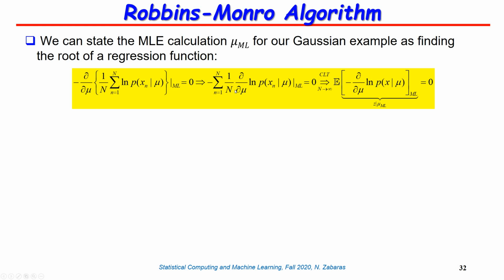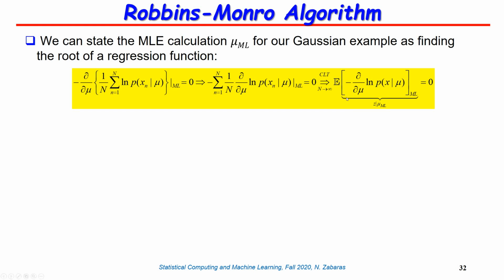So effectively, from the law of large numbers or from the central limit theorem, the summation of 1 over n times these values is nothing else but an expectation of this expression that you see here, which is the gradient of log of p evaluated at the maximum likelihood point.